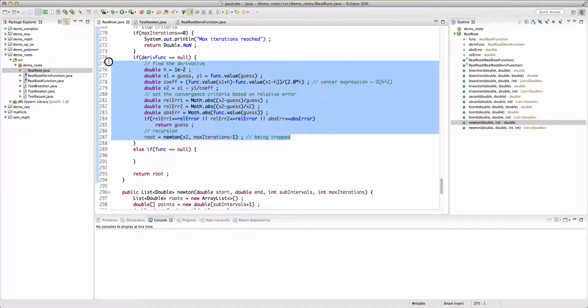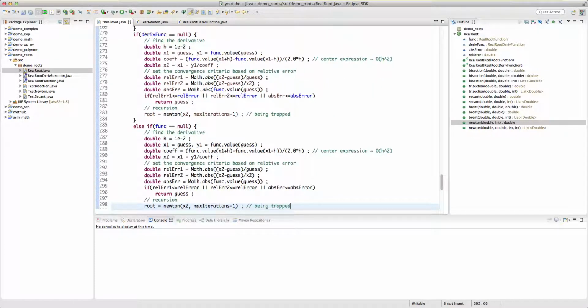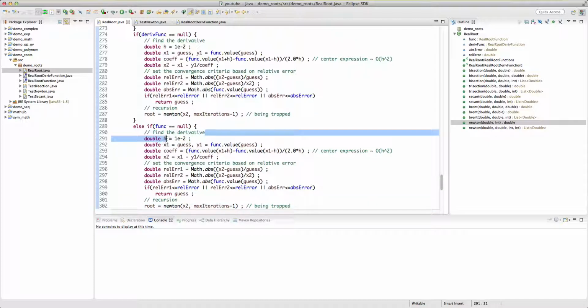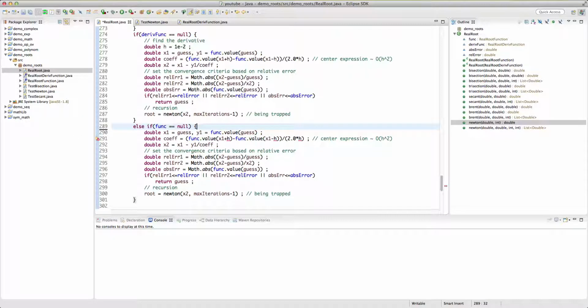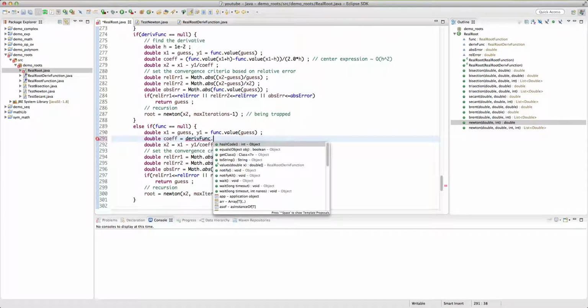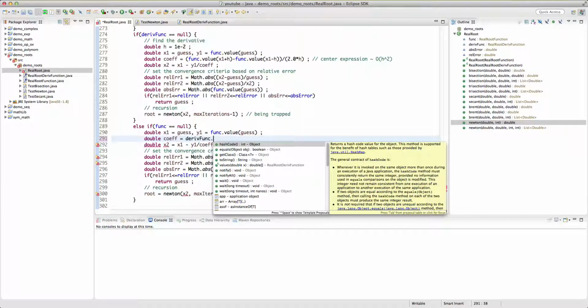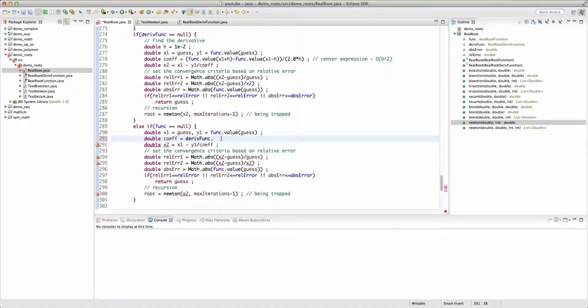And then we don't need to find the derivative numerically. So I'm going to just call the deriv func. The func is null, so x1 is guess.